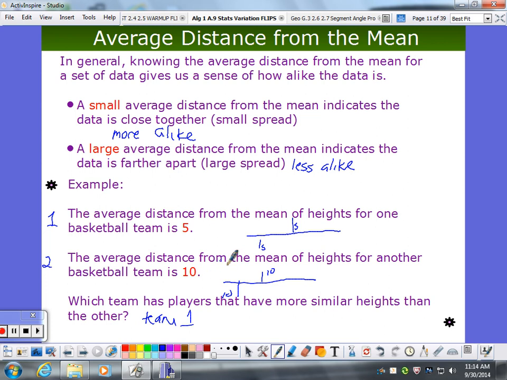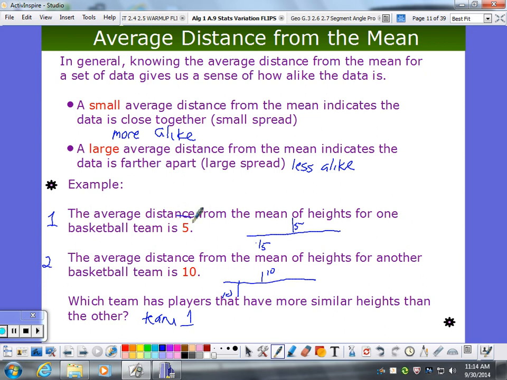Absolutely, this girl gets it. What this is saying is that on average, they're all much closer together than this wonky team with the 90-foot tall basketball player.